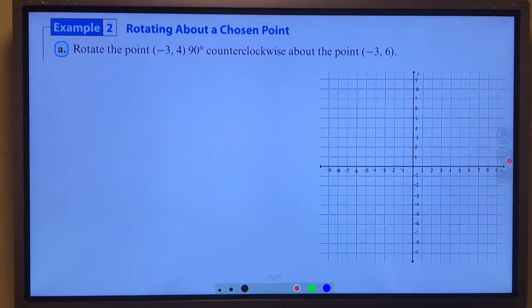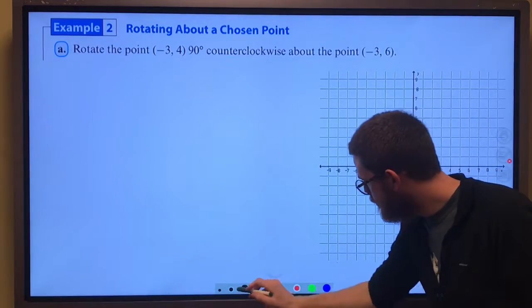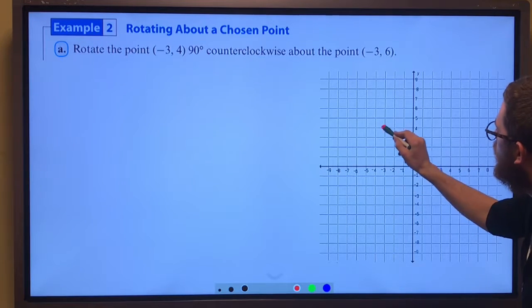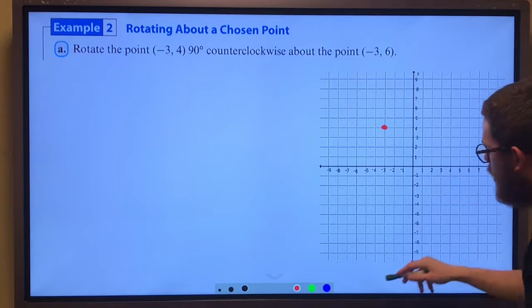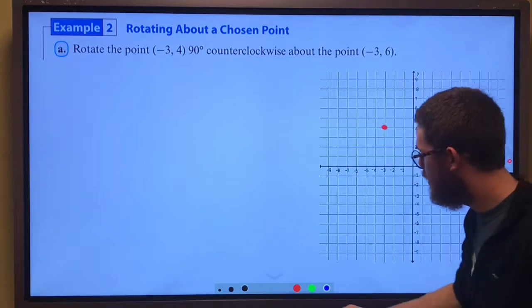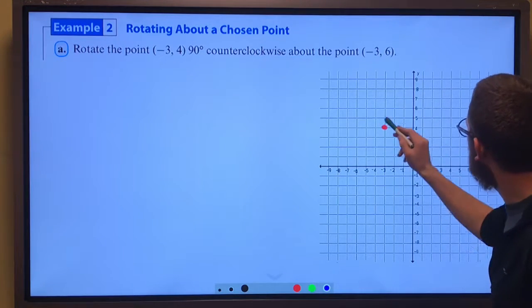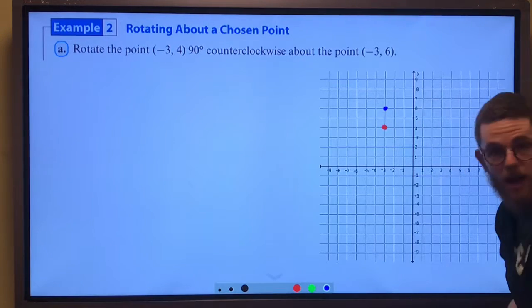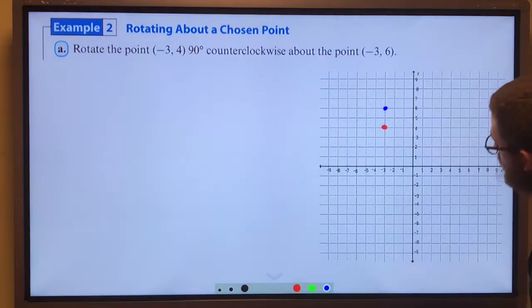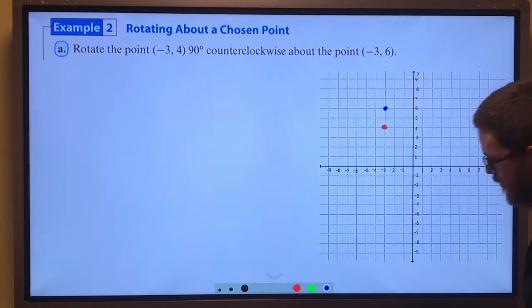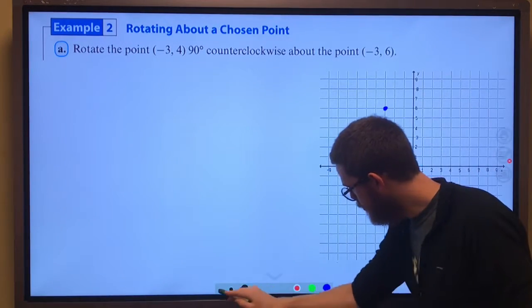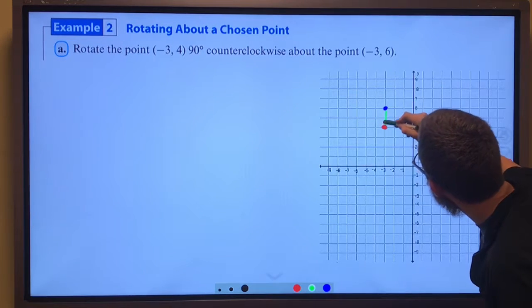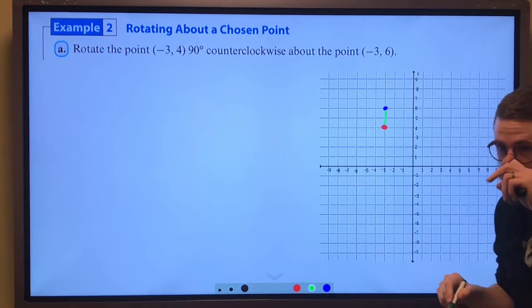So we want to rotate the point (-3, 4) about the point (-3, 6). So where's that? We want to rotate this 90 degrees counterclockwise about the point (-3, 6). The red point is the point that we actually want to rotate.